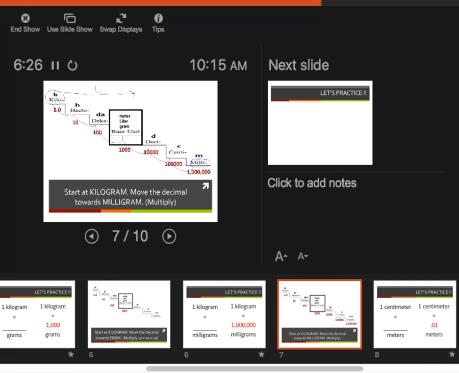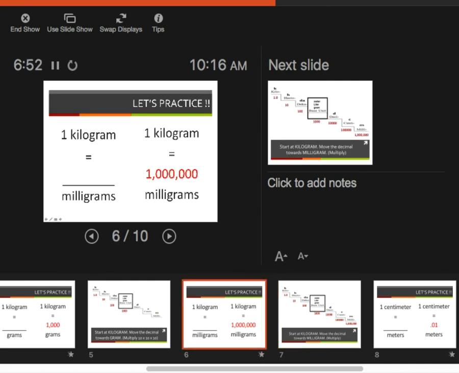We got to move 6 steps to get from kilo to milli. So we do the same thing with our decimal. If I've got 1 kilogram, I move 1, 2, 3, 4, 5, 6. Fill in my spaces with zeros. And now I've got 1 million milligrams.